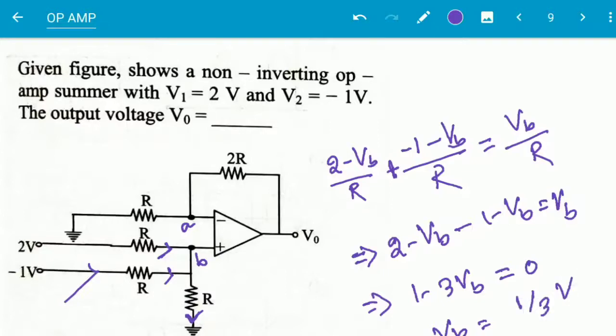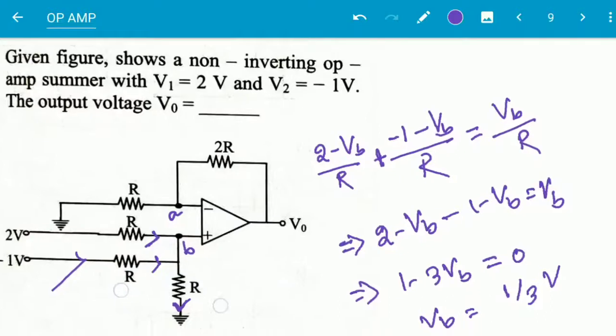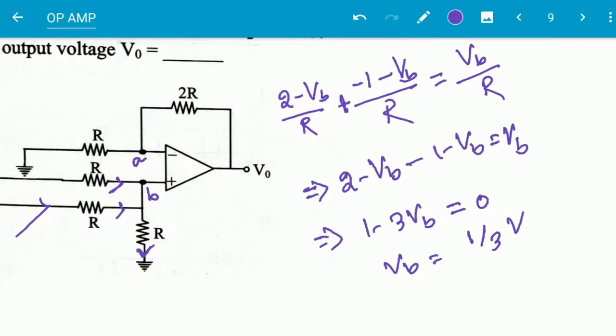As VB is 1 by 3 volt, VA will also be 1 by 3 volt, and here also this will be 1 by 3 volt.